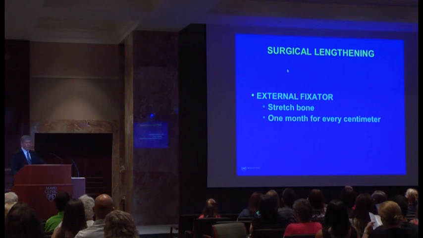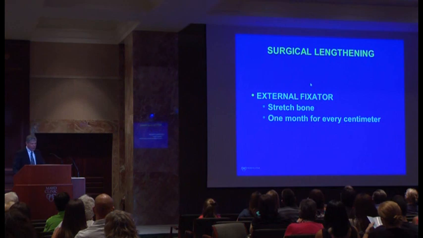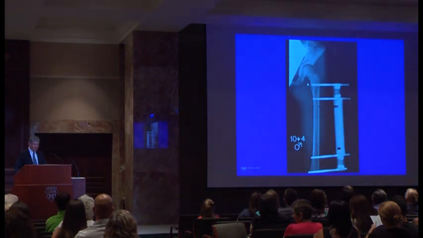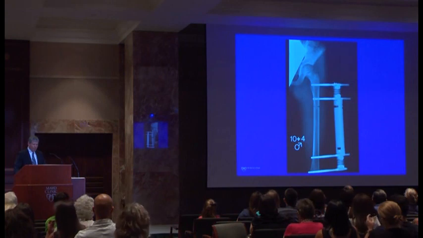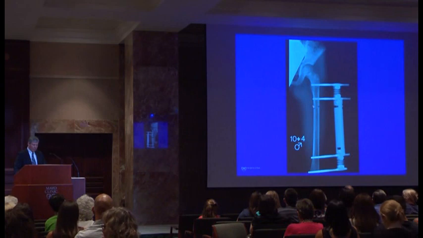And so this is an example of what we can do, and we use it for a lot of conditions, but not very often for vascular malformations because it's such a big deal. And this is an example of a femur that we're going to lengthen. So we put pins through the skin above and below where we cut the bone. So we create a fracture here with a saw.